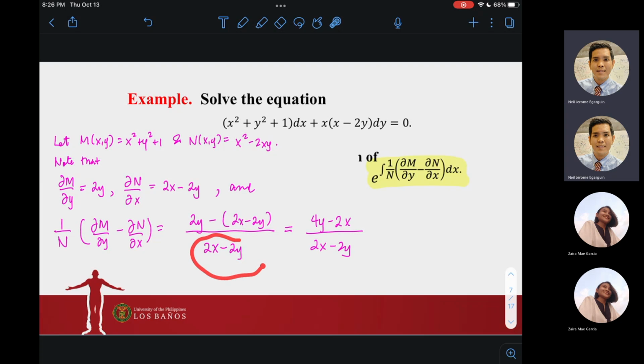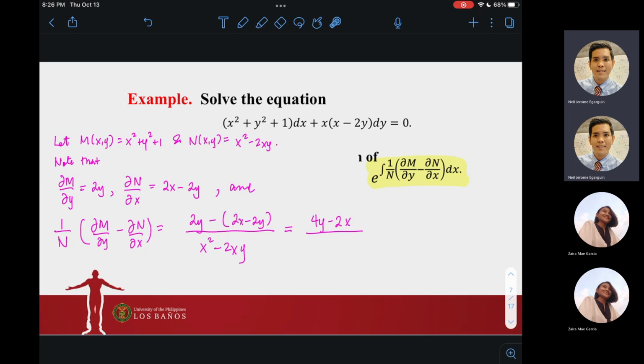Alright. Mali pala yung denominator ko. Ang denominator ko dapat dito ay si N. It's the partial of M with respect to y minus partial of N with respect to x. Ito yung nasa numerator divided by N. Ang N ko nga pala ay ito, x squared minus 2xy. So, I'll replace that x squared minus 2xy, right? Anong pwede kong i-factor dito?